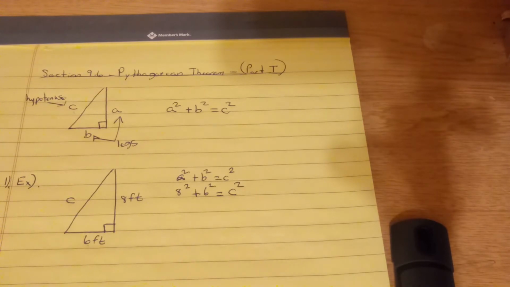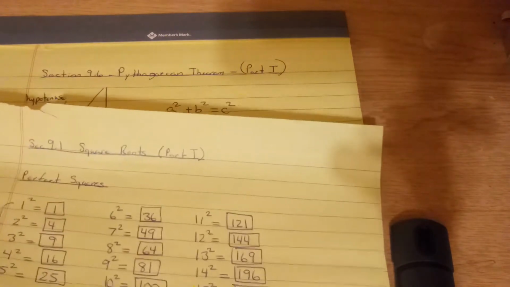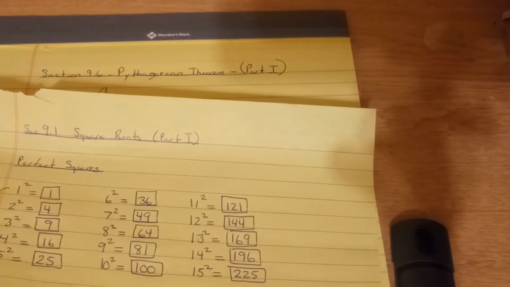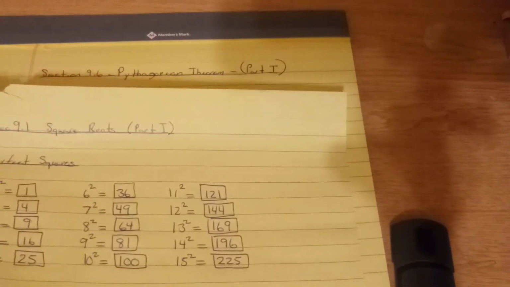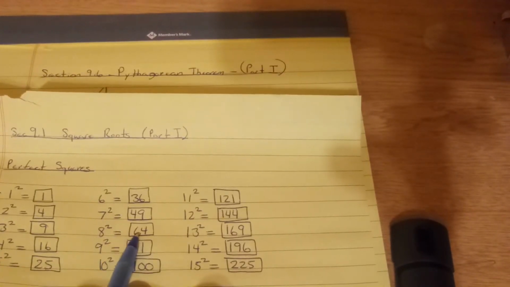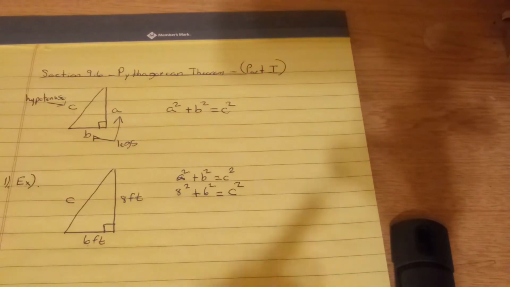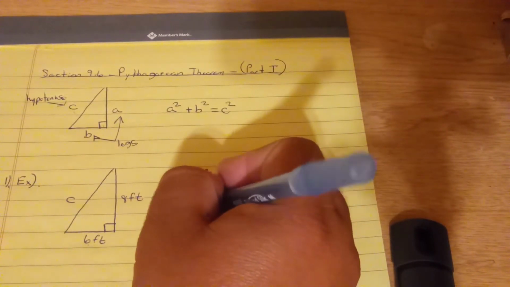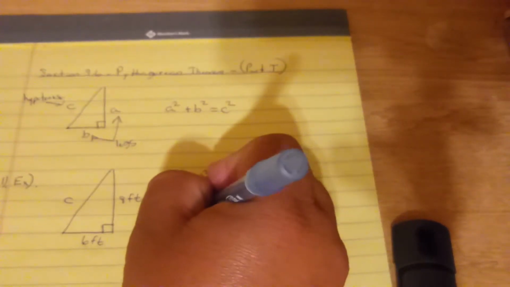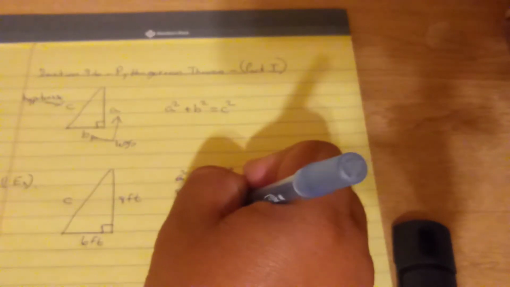And if you have section 9.1, remember your perfect squares, that's the list right here. So, 8 squared is 8 times 8, which is what? 64. Once again, at this moment, you should already know these. 6 squared, 6 times 6 will be 36, equals c squared.